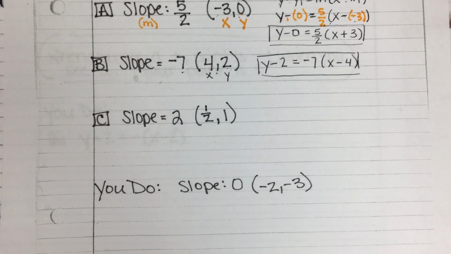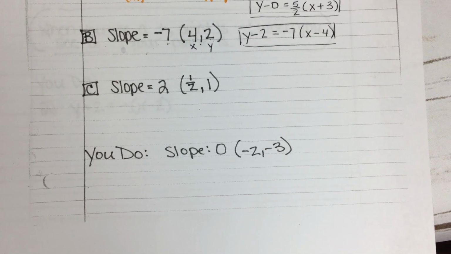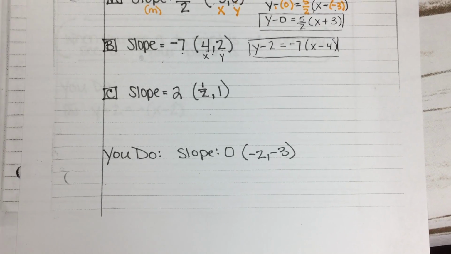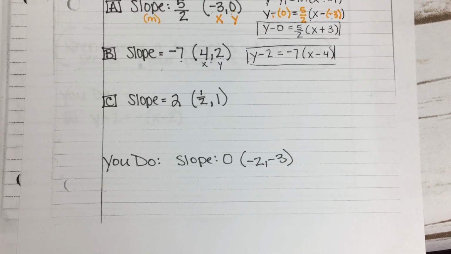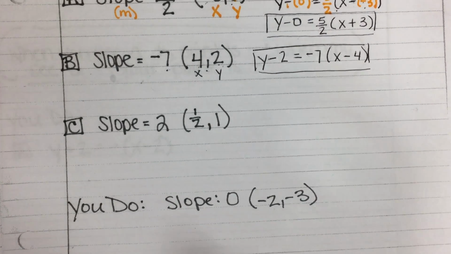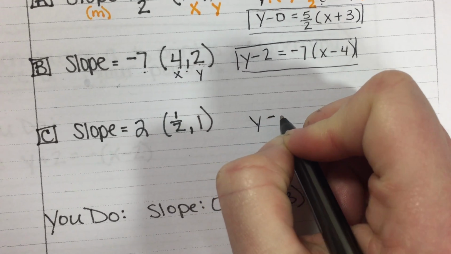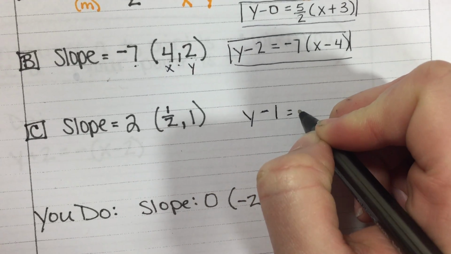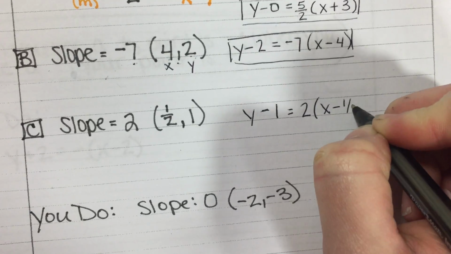All right, so go ahead and complete C and complete the you-do, and let's see what you end up with. Go ahead and pause the video if you need time to work. All right, let's check our answers. We should have had y minus 1 equals 2 times the quantity of x minus a half.